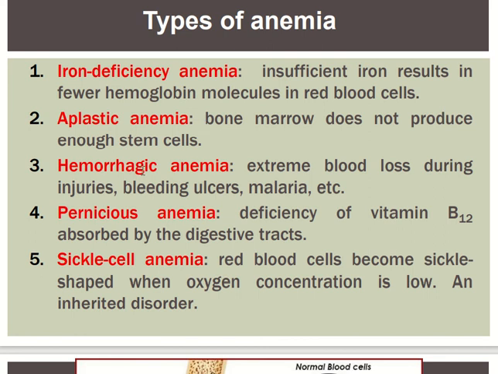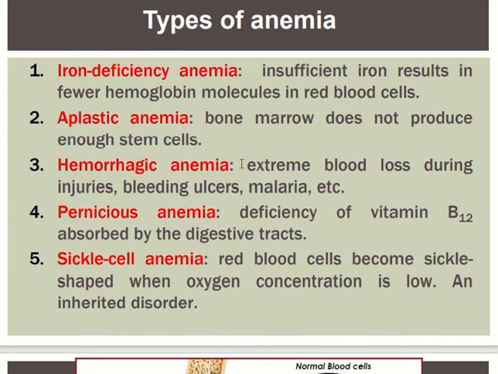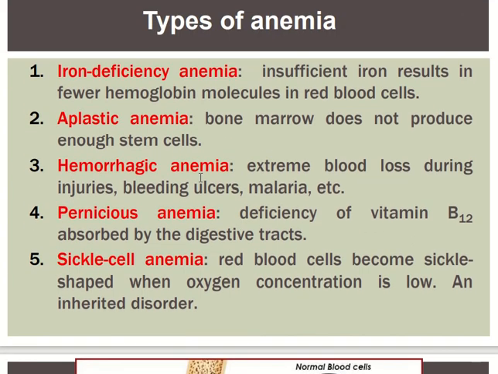Hemorrhagic anemia refers to extreme blood loss during injuries, malaria, or bleeding ulcers. Next we have pernicious anemia, which refers to a deficiency of vitamin B12 that needs to be absorbed by the digestive tract. And last but not least is sickle cell anemia.